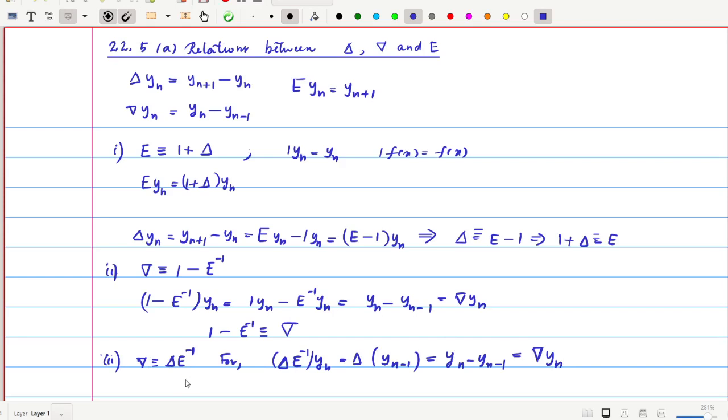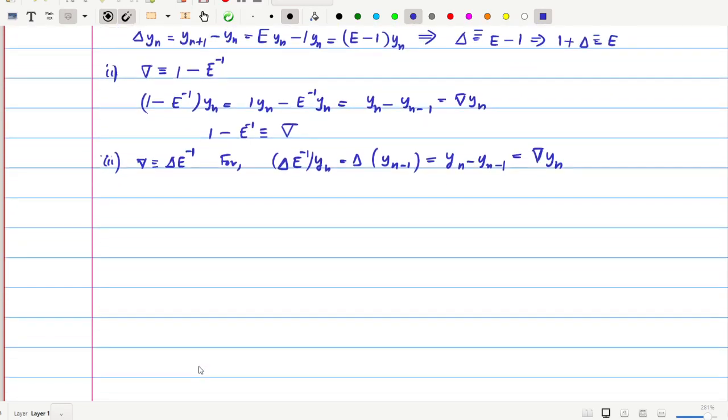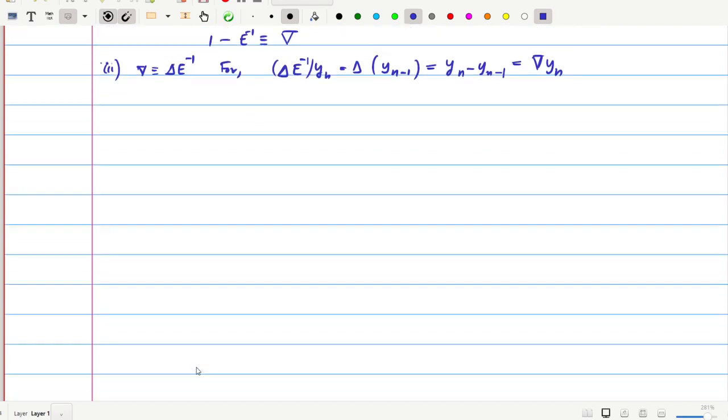So these are the properties of relation between these three operators, E, del, and delta. Similarly we can prove so many relations connecting these three operators. In our textbook there are illustrative examples showing many properties or relations between them.